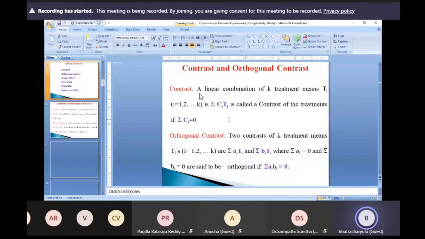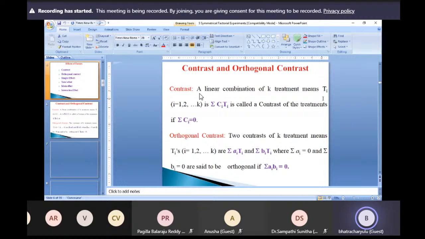I multiply each with some constant, like 2 into T1 minus 3 into T2 plus 3 into T4.